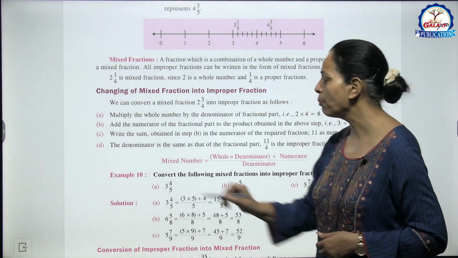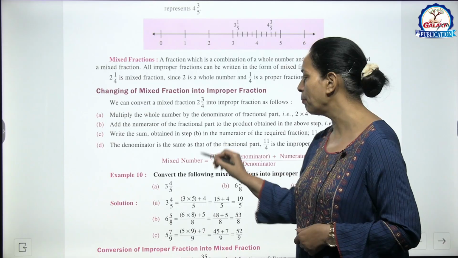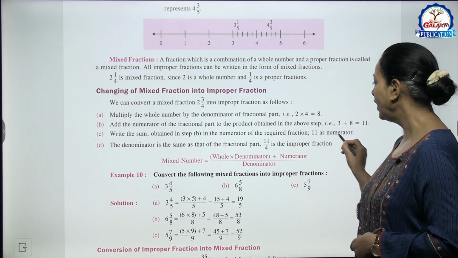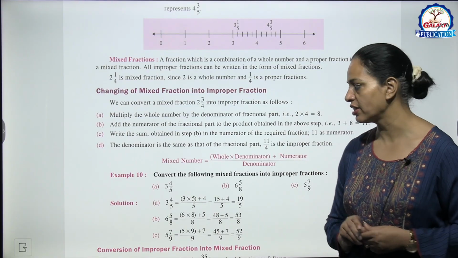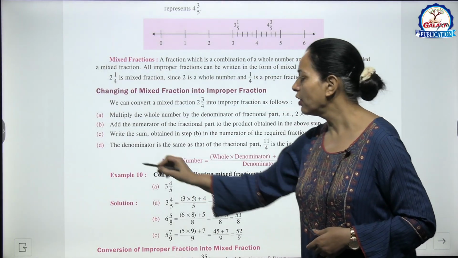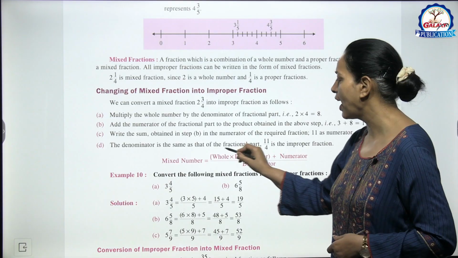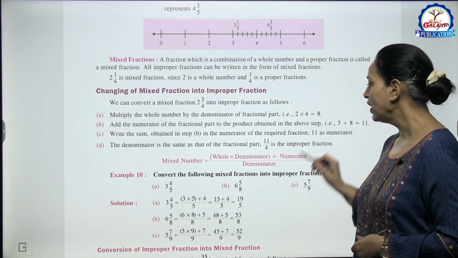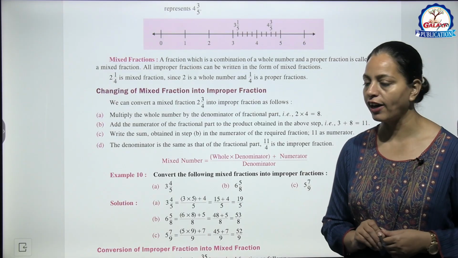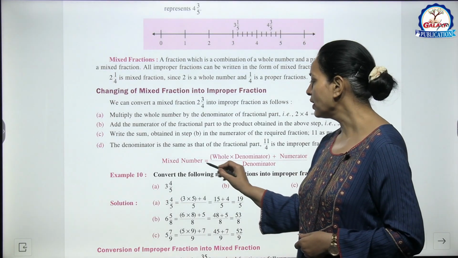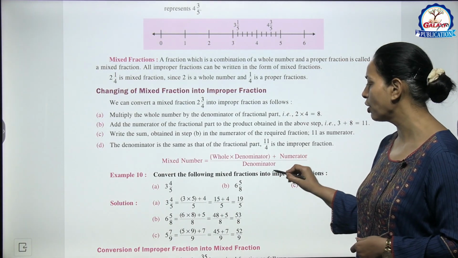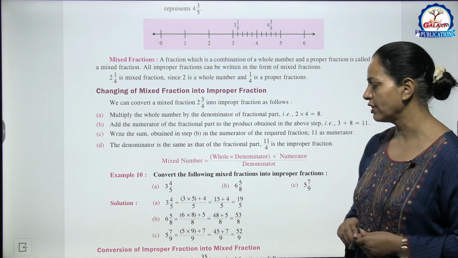Now the next step, write the sum obtained in step 2 in the numerator of the required fraction. 11 is the numerator, and the last step, the denominator is the same as that of the fractional part, so that is 11 upon 4 is the improper fraction. So here mixed number equals whole into denominator plus numerator upon denominator, right?